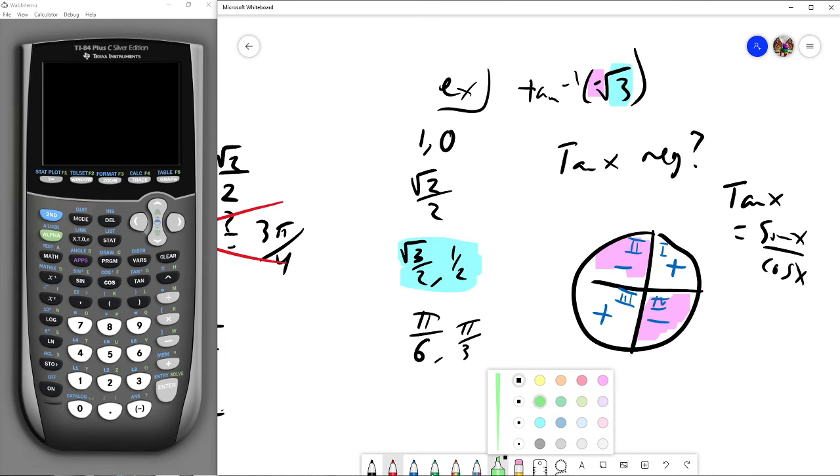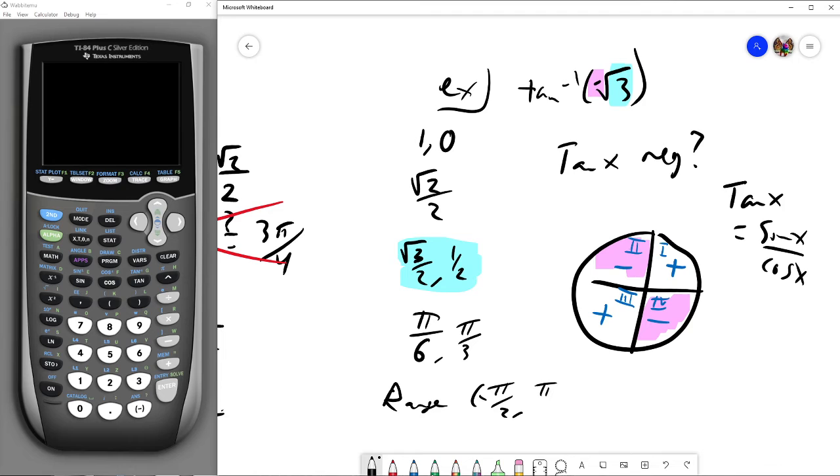And now let's state the range. The range of arctangent, which we talked about a moment ago, was from negative pi over 2 to pi over 2, open interval. So that means that of these two possible shaded quadrants, we are dealing with this one right here that I just shaded in green.